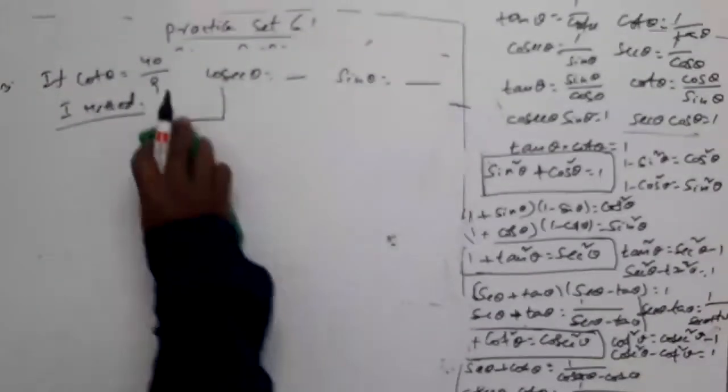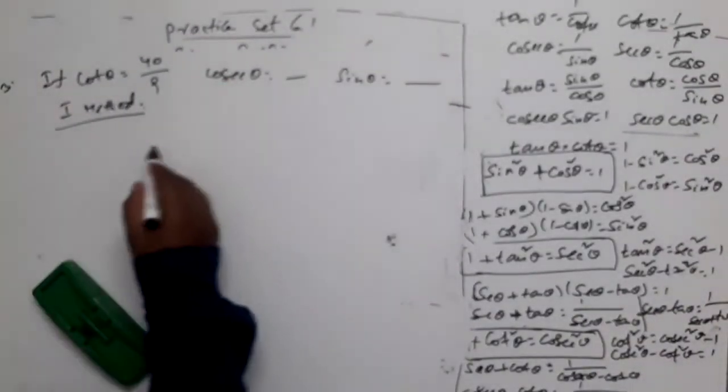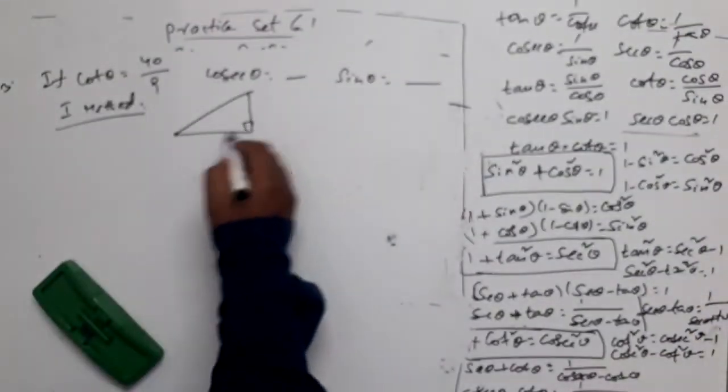Right angle triangle ABC. Let us say this is theta. What is cot theta? Adjacent side by opposite side, right? 40 by 9. What shall we write here? 40K, 9K. What shall we write?